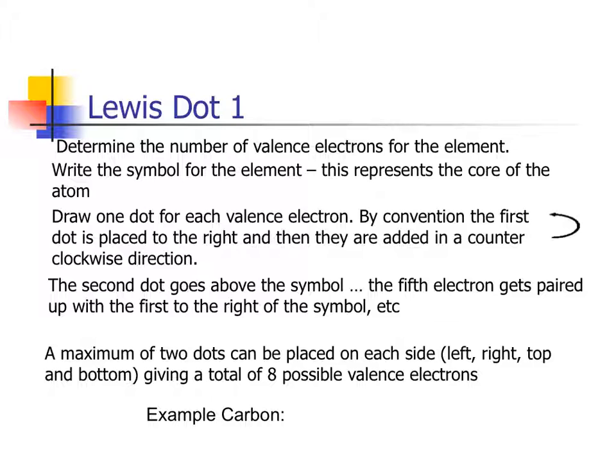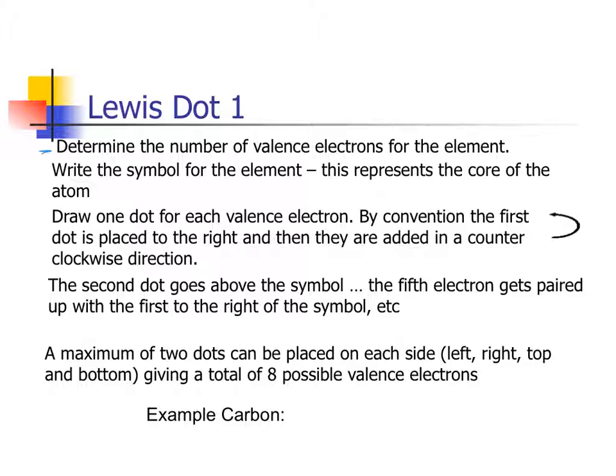So, steps for doing this. The first step when making Lewis dot structures is to determine the number of valence electrons in the element. That can be found by looking at the group number.